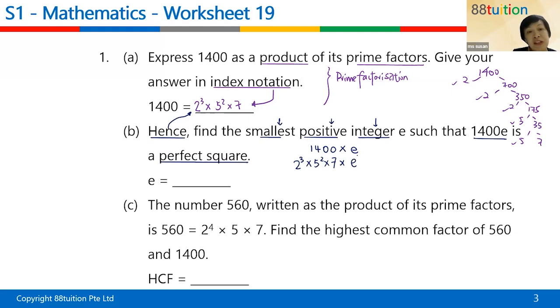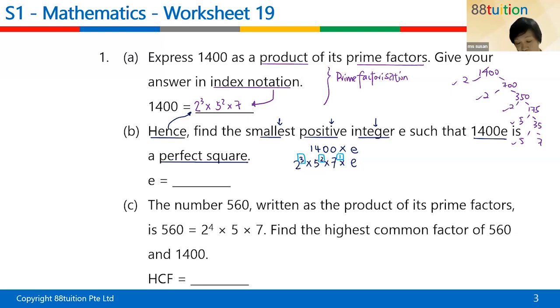In order to be a perfect square, the indices of the prime factors here must be even numbers. Then you say, teacher, this one doesn't have much. Yes, there is. 7 is to the power of 1. So you need an even number.